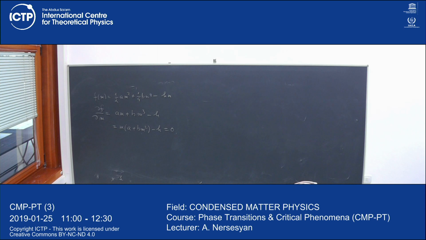Well, if the magnetic field is 0, then we have an equation M times A plus B M squared equal to 0. We have already had this expression when we considered the mean field theory of the Ising model.